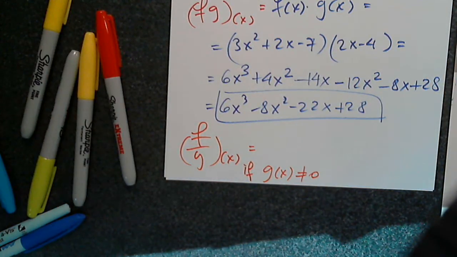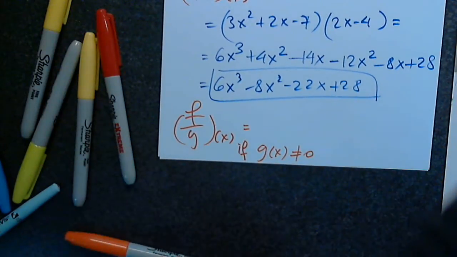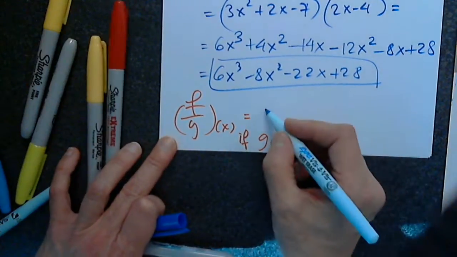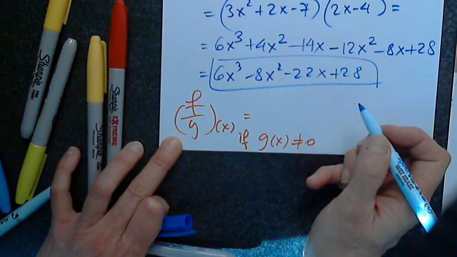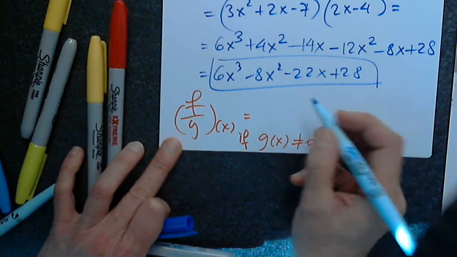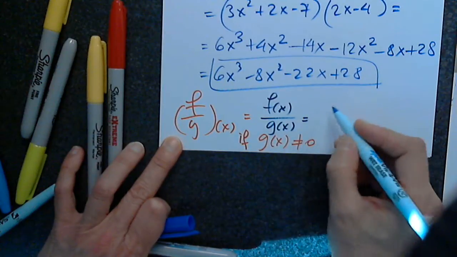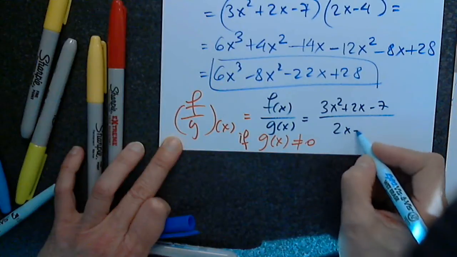Thank you. So, can anyone dictate what would this mean? So the top is 3x squared plus 2x minus 7, and the denominator is 2x minus 4.